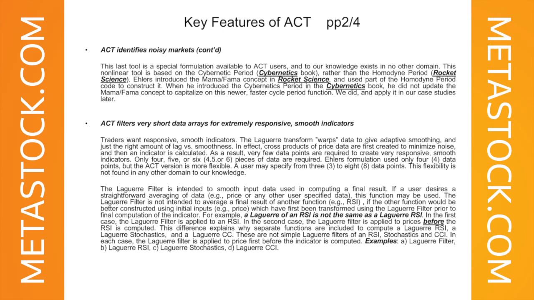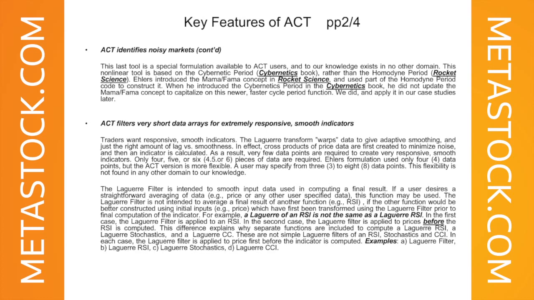ACT also helps you filter very, very short data arrays for very responsive, smooth indicators. You notice how we use that Laguerre stochastic? That is a special mathematical warping of data to get very smooth data with very short data lengths. Most of the time, you're only using anywhere from 4, 5, or 6 pieces of data.